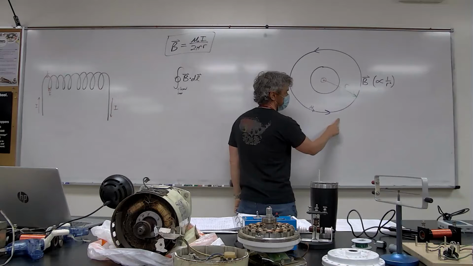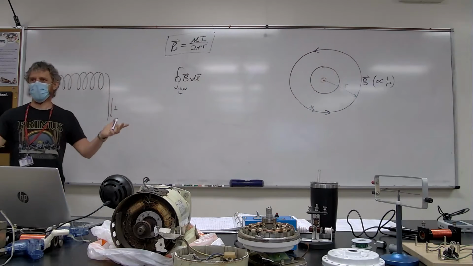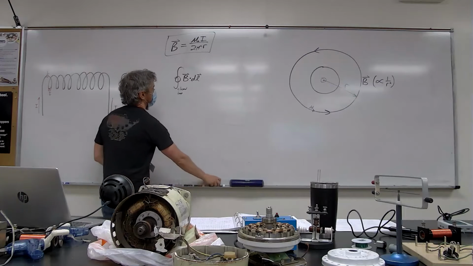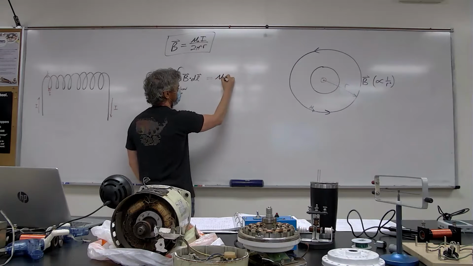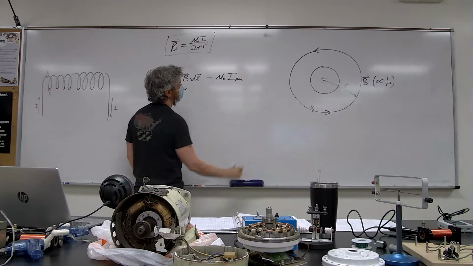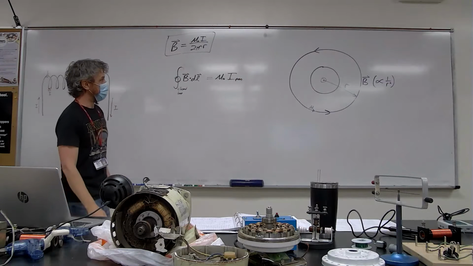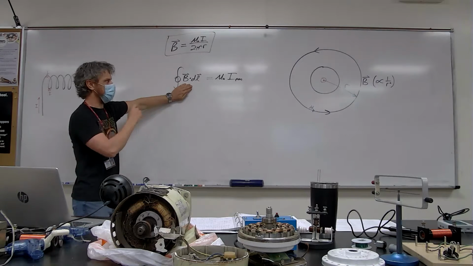And if dl is always in the direction of B, then B dl cosine theta is always just B dl. So if that's true, then Mr. Fullerton showed that that's equal to mu naught times the current that is penetrating the Amperian loop. So this is Ampere's law. It's written like this on the formula sheet, and I think it's just mu naught I.